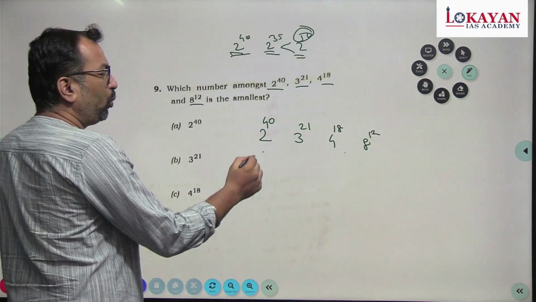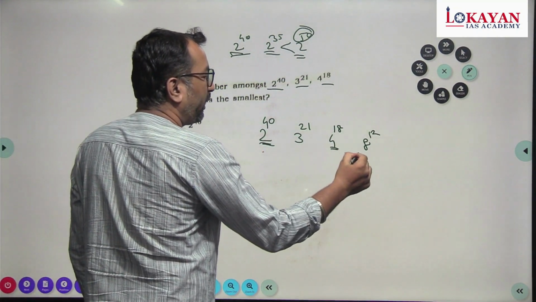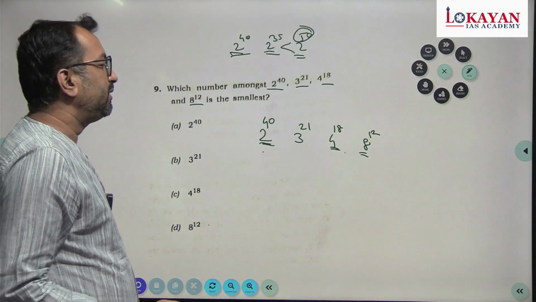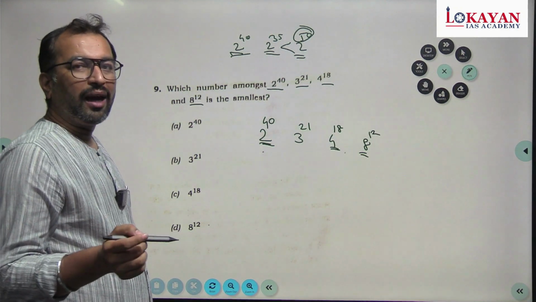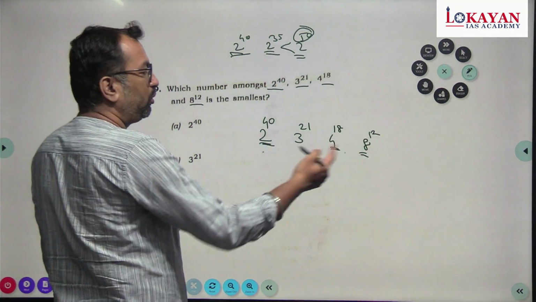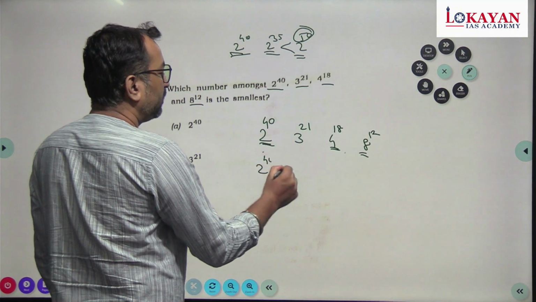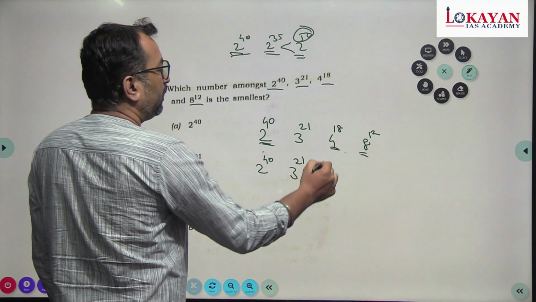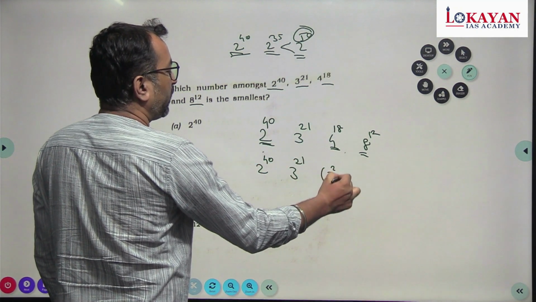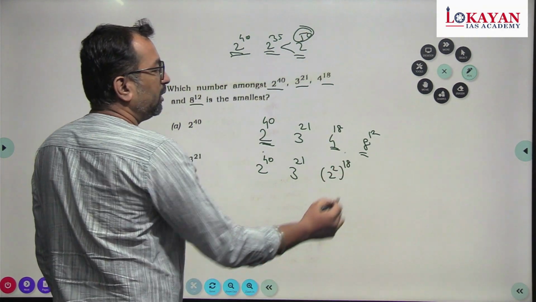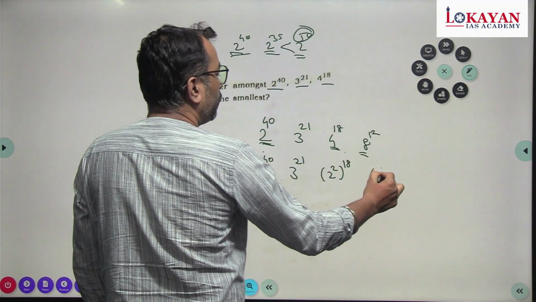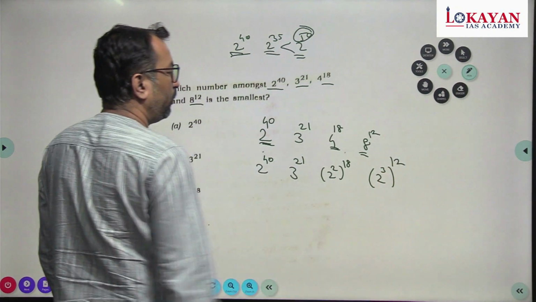Now let's look at these numbers, 2, 4, 8. All these numbers are multiple of 2. So I can convert these numbers into 2. So 2 to the power 40 as it is, 3 to the power 21. This 4 I can write as 2 square to the power 18. This 8 I can write as 2 cube to the power 12.